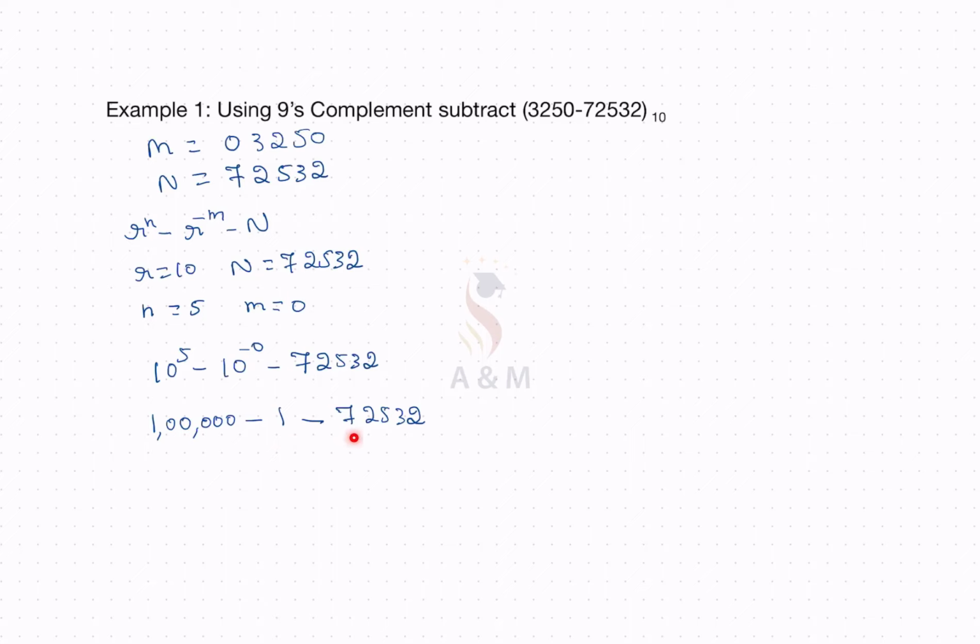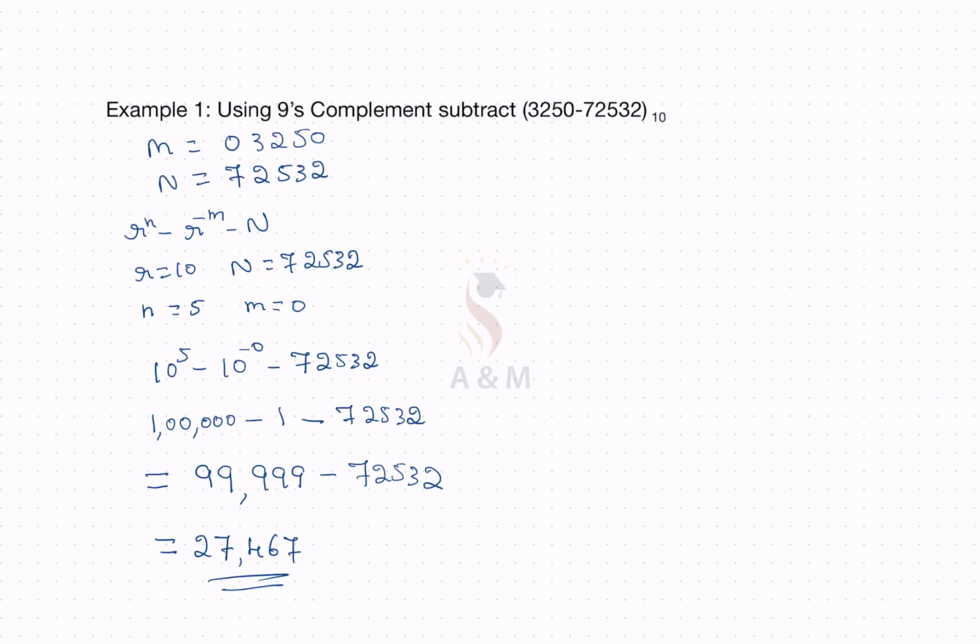So 100,000 minus 1 minus 72532 is 99,999 minus 72532. We get 27467 as an answer.